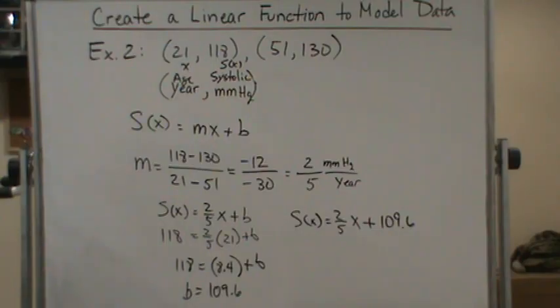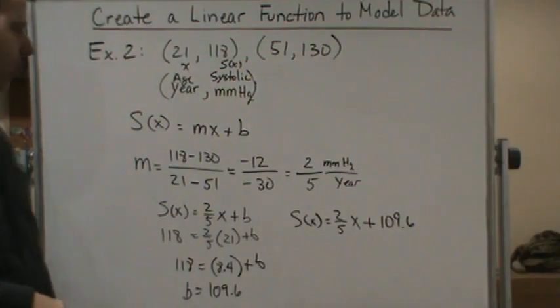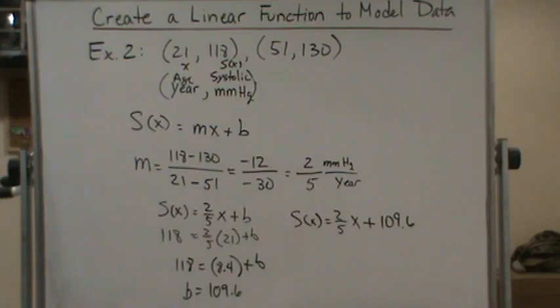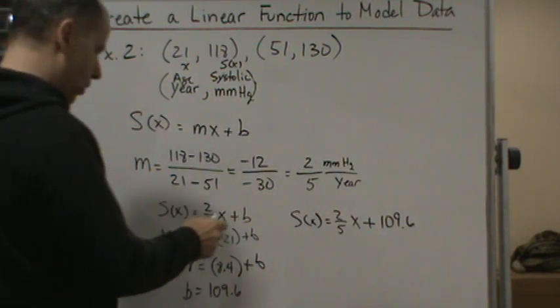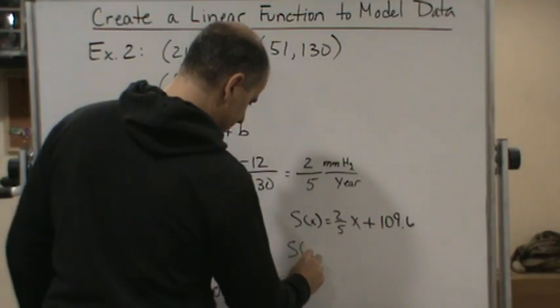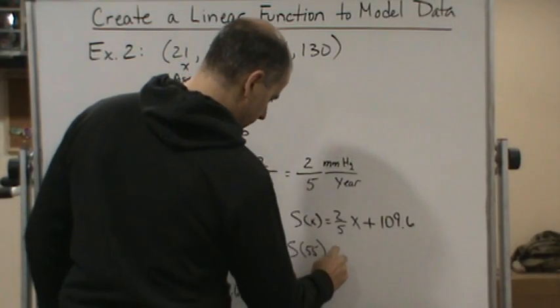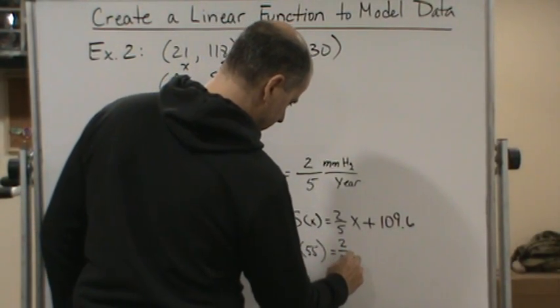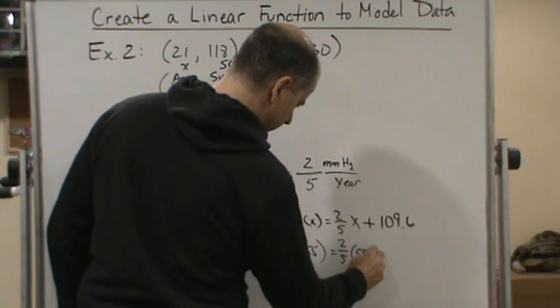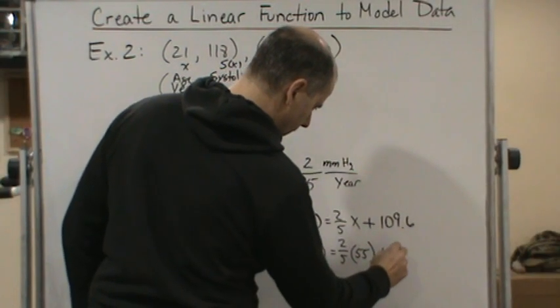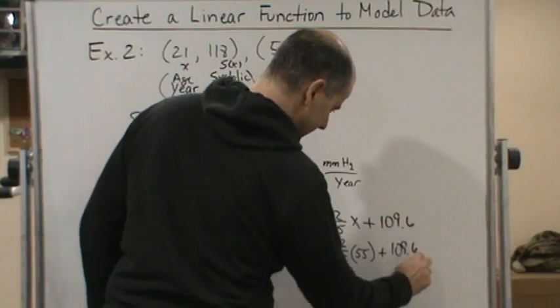Now we want to use this model to predict or estimate what the systolic blood pressure would be if we had someone that was 55 years old. So we want to find S of 55. We're going to take 2/5 times 55 plus 109.6.